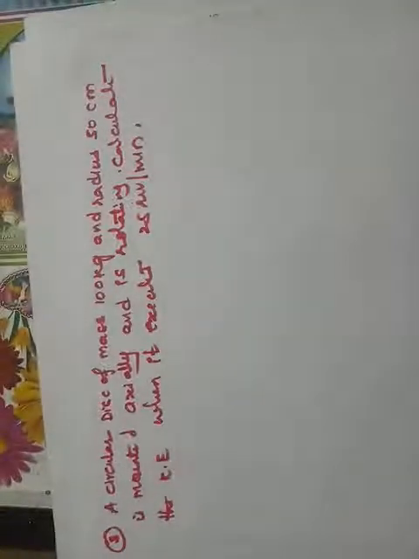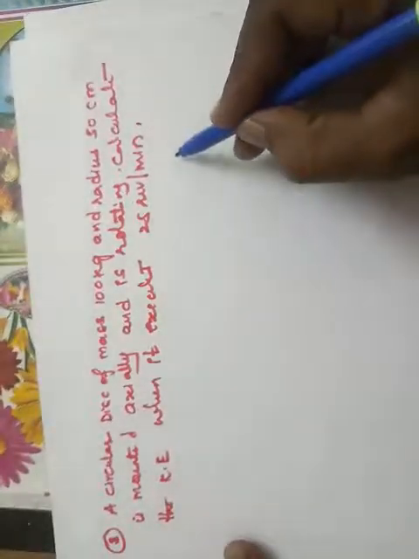See, the circular disk of mass 100 kg and radius 50 centimeter is mounted axially and is rotating. Calculate the kinetic energy when it executes 25 revolutions per minute. See here what I am doing. I am taking a disk.